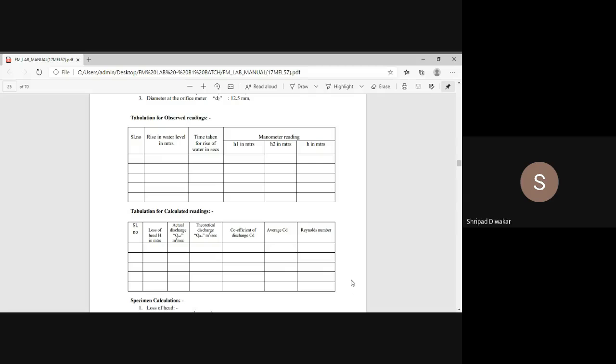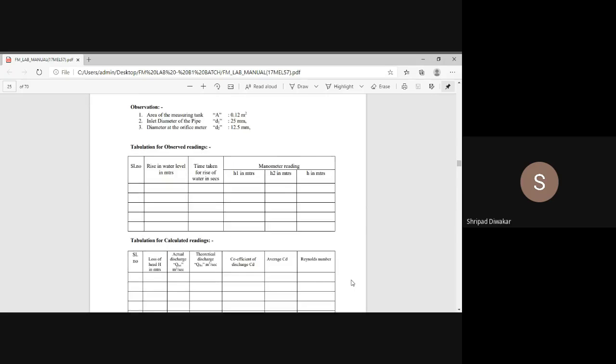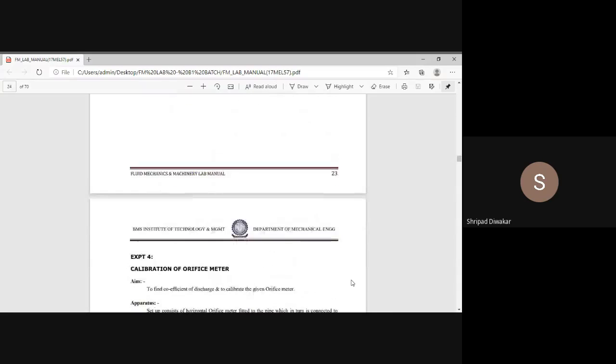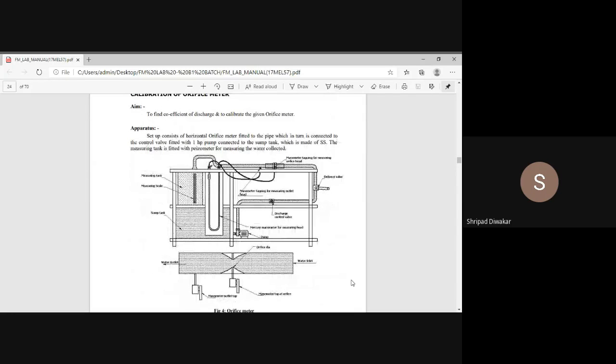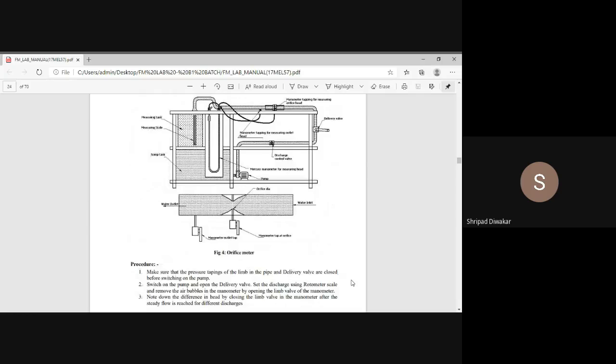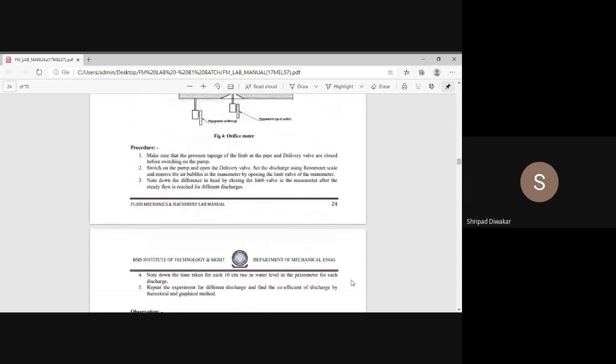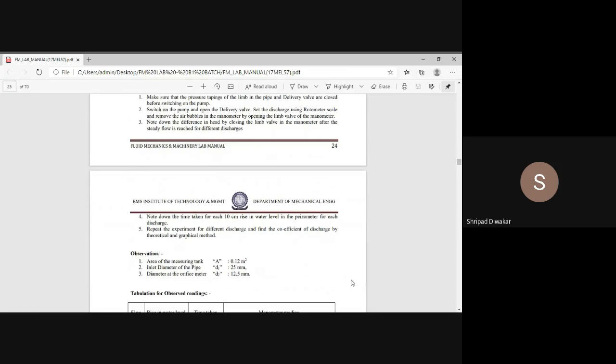All of you finished that tabular column? Now the most important part is your calculation. In your lab record, you have to write the experiment number, title of the experiment, aim, apparatus used, procedure, everything on the right side of your lab record.